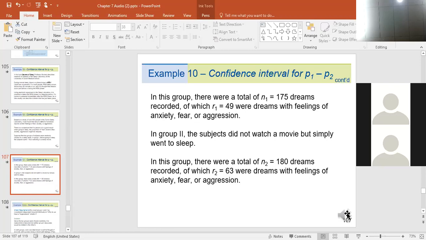N2 equals 180 and X2 equals 62. So P1 hat is 49 over 175. P2 hat is 63 over 180. I hope you understand where they are getting the proportion for each sample.